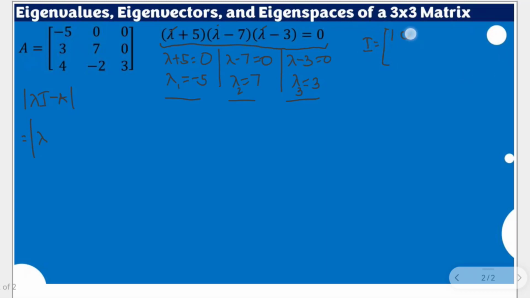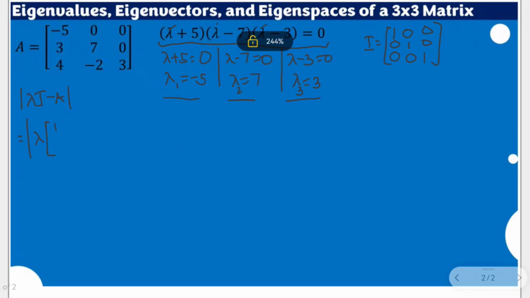So 1, 0, 0, 0, 1, 0, 0, 0, and 1. So add it here. We have 1, 0, 0, 0, 1, 0, 0, 0, and then 1. Minus our A here, which is negative 5, 0, 0, 3, 7, 0, 4, negative 2, and then 3. Next is simply to multiply first the lambda.